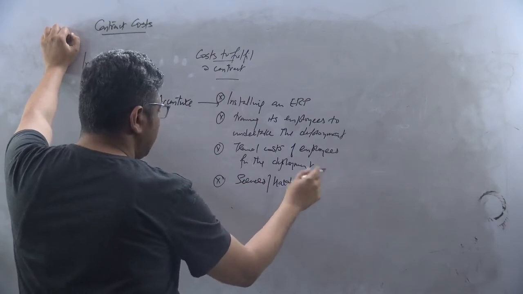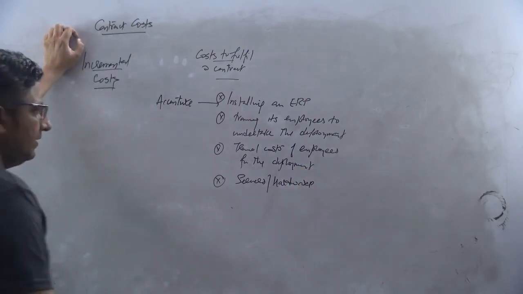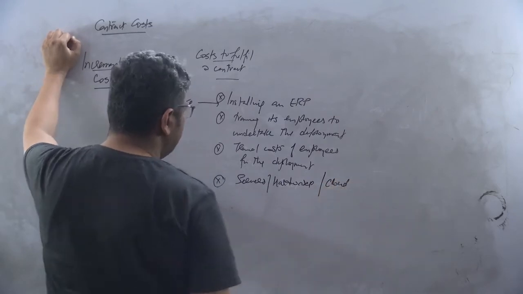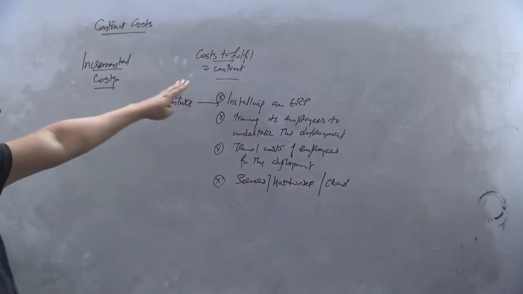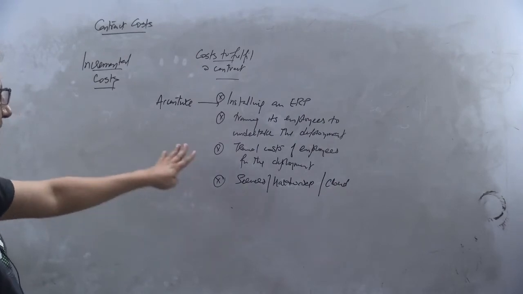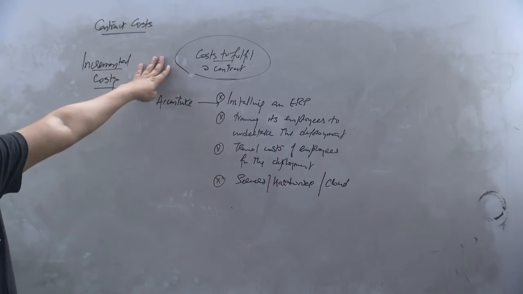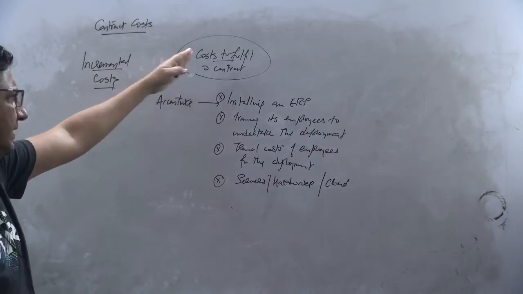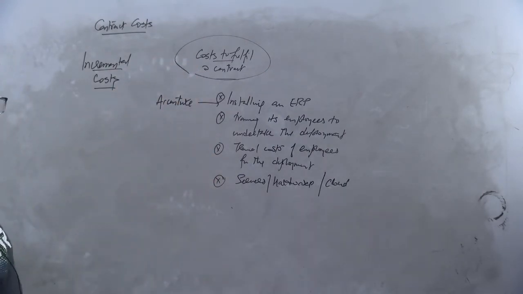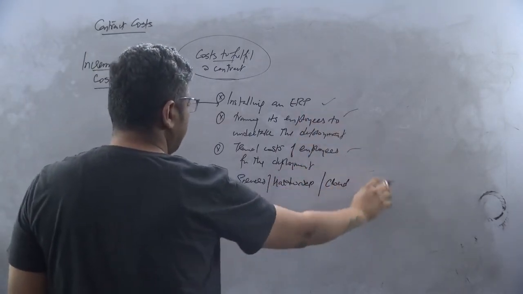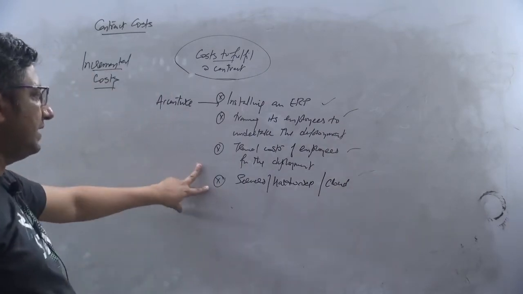Of course, in today's world, we don't really see that coming in. So it could be cloud support. So when you look at all these kinds of costs, we need to understand whether these costs are being incurred to fulfill a contract. Okay, the contract is one. It's all about the next stage, where you look at the installation of an ERP, training its employees, travel cost, and then of course you have servers, hardware, cloud, etc.